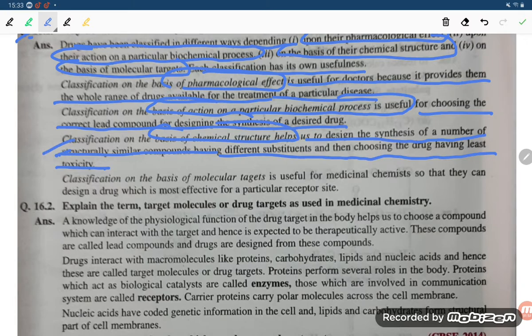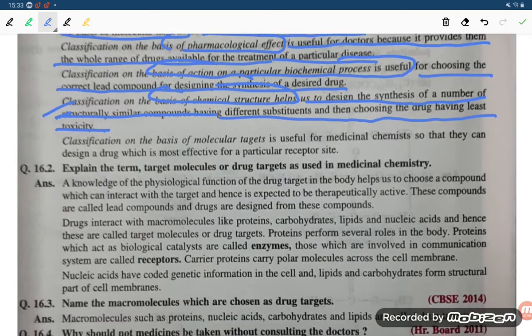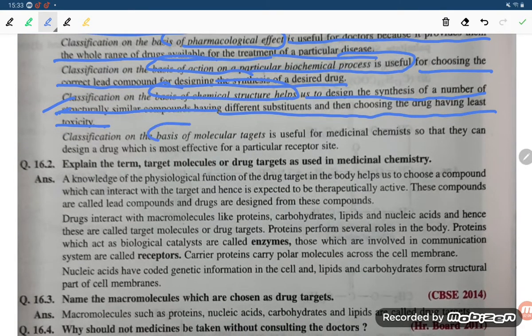We consider that compounds with similar structure or functional group have a similar treatment effect on the body. The next one, on the basis of molecular target, is used by medicinal chemists so that they can design a drug which is most effective for the particular receptor site.